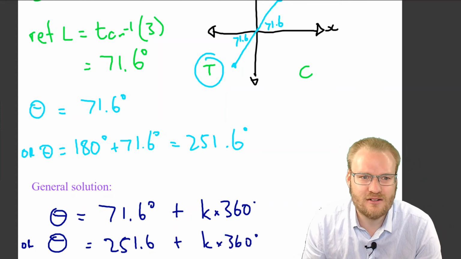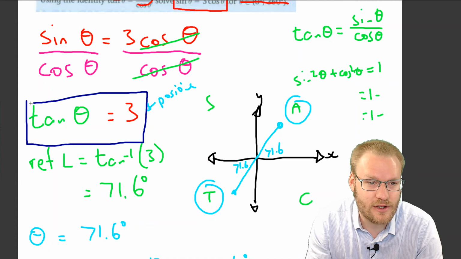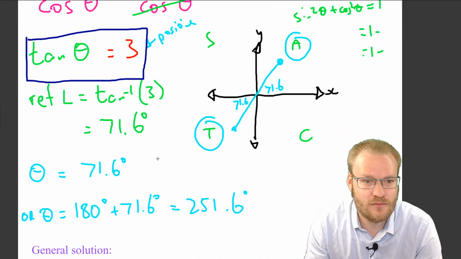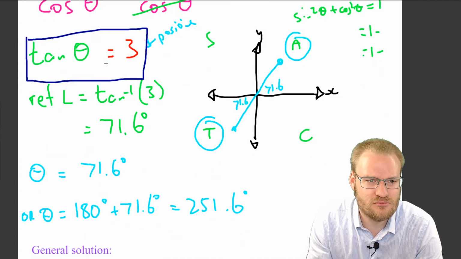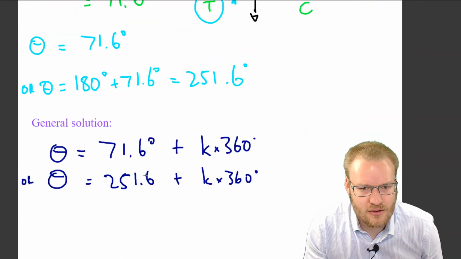Okay, wasn't too bad. The key was in dividing by cos, and then we turned it into an equation that we've seen before. So there are two options.